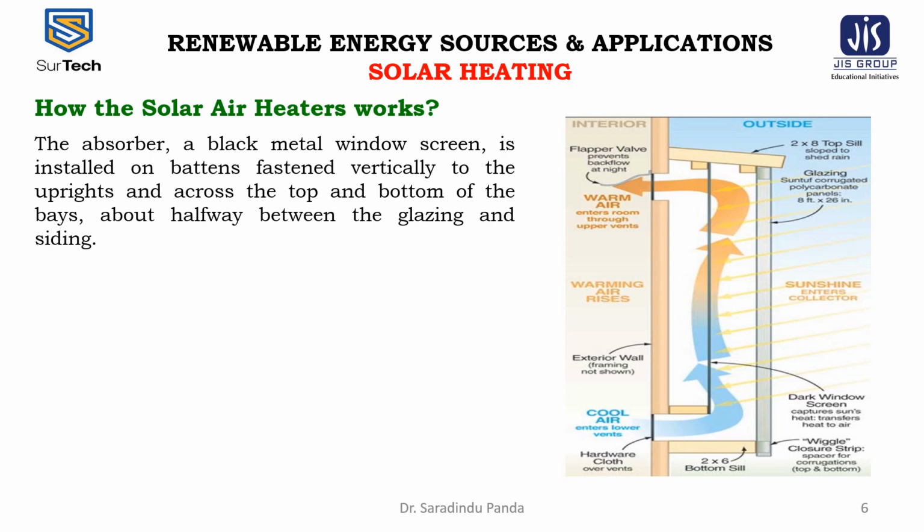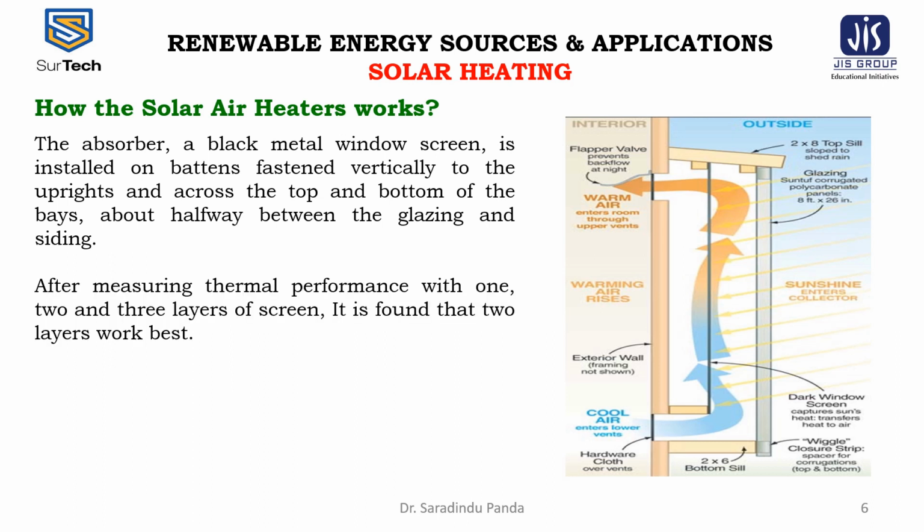Now the absorber, a black metal window screen, is installed on battens fastened vertically to the uprights and across the top and bottom of the base, about halfway between the glazing and the sheathing. After measuring the thermal performance with 1, 2 and 3 layers of the screen, it is found that 2 layers work best.